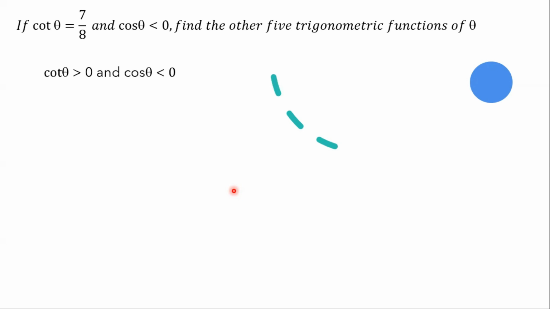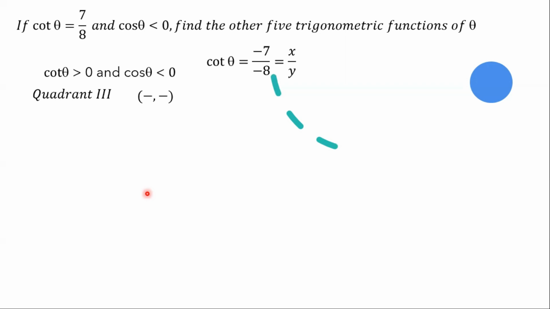Cotangent is positive on the first and third quadrant. Cosine is negative on the second and third quadrant. Since they coincide on the third quadrant, the terminal side of our angle is located on the third quadrant. So on the third quadrant, x is negative, y is negative.